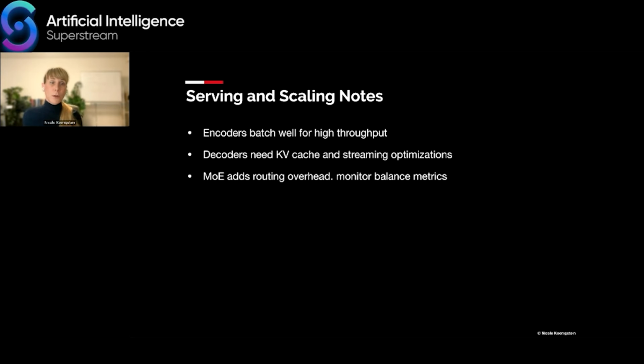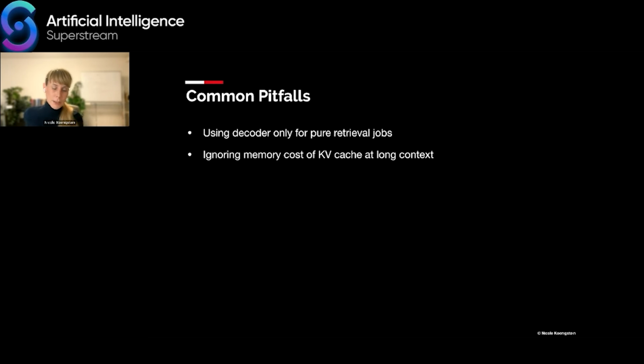But if you're using one of them, this adds routing overhead, and you should monitor and balance the metrics. And one of the common pitfalls I've seen is usage of decoder-only models for pure retrieval jobs, ignoring memory costs of KV cache at long context.